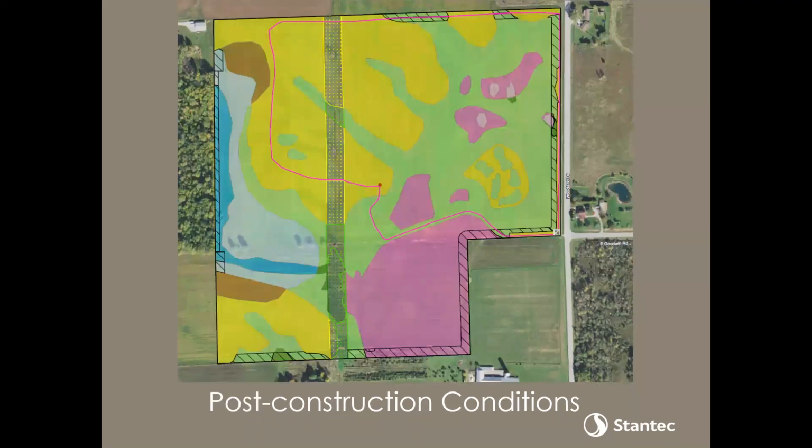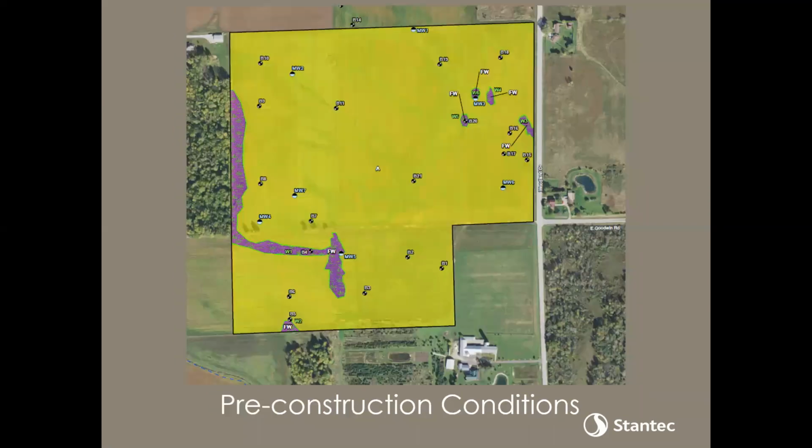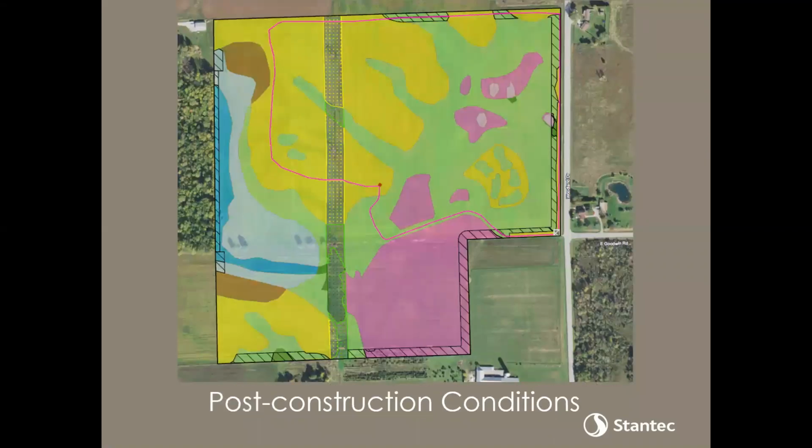what we're proposing here is the yellow, where we're proposing more of the prairie, more of an upland. The green and purple and blue is where we're restoring the wetlands. So you can see the conversion. I'm going to flip back here from all yellow to a little purple, mostly upland, mostly ag, disturbed every year by plowing, to what we're restoring: a natural system with a mosaic of habitats.